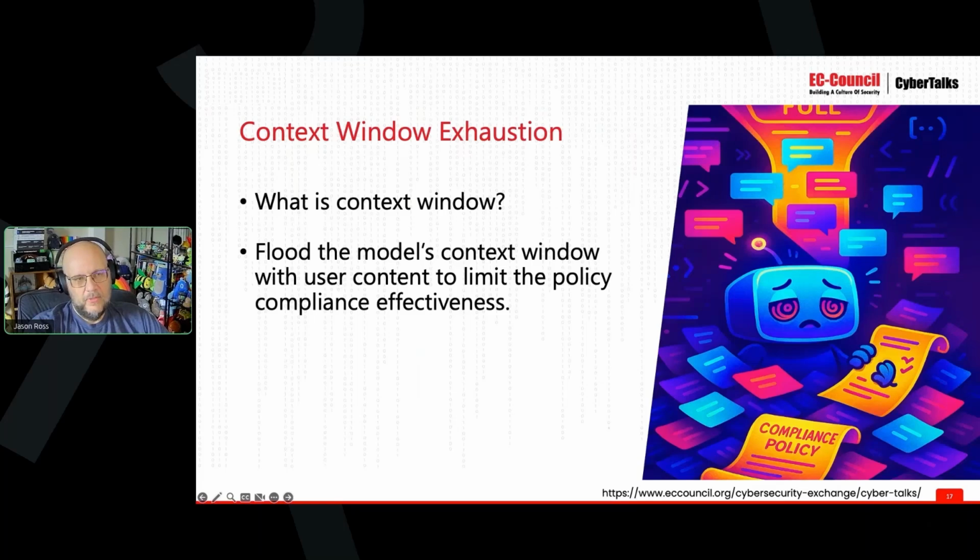And what happens is AIs have a very finite window that they contain. Here's my system instructions. I should never respond to somebody asking for my system instructions. But they've got a box that they can keep that information in, and it's a sliding window. So if you dump a ton of data in it, the instruction that says don't ever leak your system information goes outside of that window.